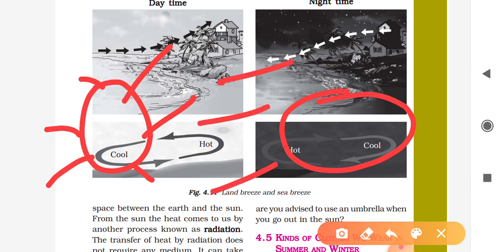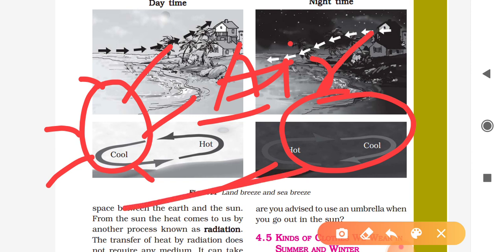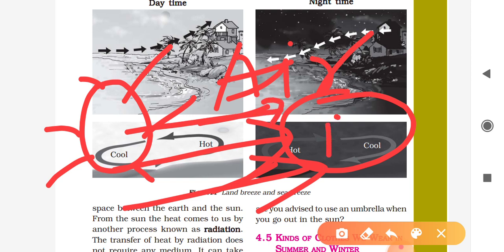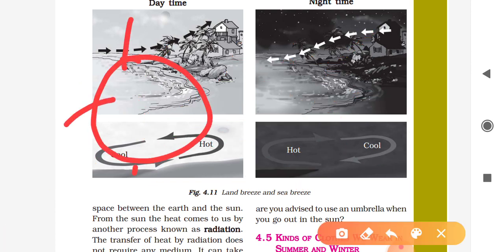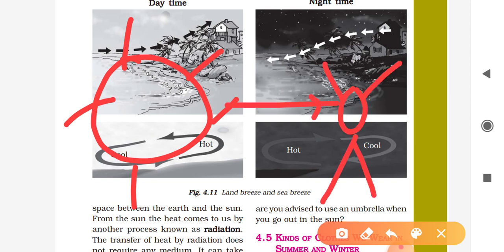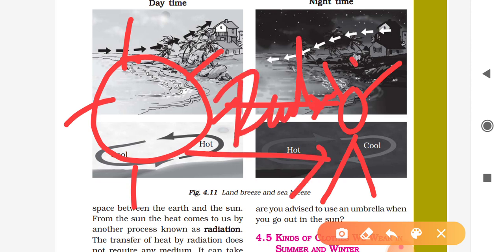What is here? There is the air only. You will get sun rays over your body if you are standing here. This is called radiation.